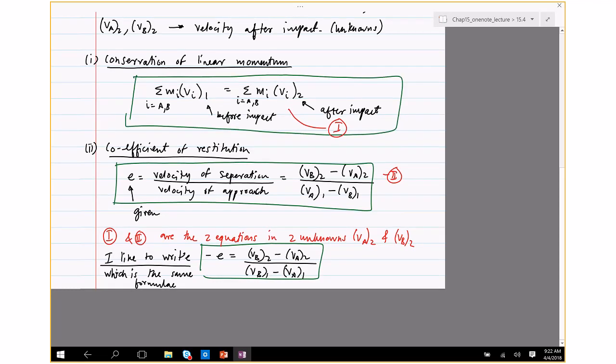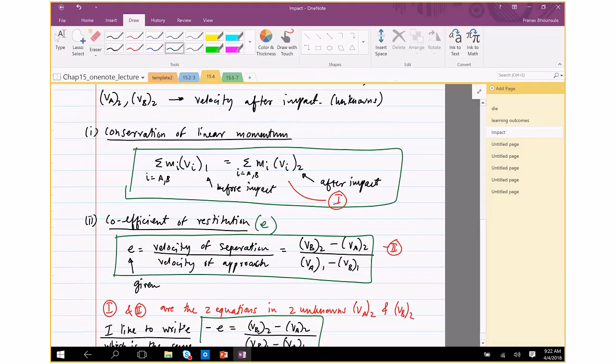Okay, so let's talk a little bit about the coefficient of restitution E, and then let's solve some problems before we go to the oblique impact. Turns out that E has only some values. It can take a value of 0.